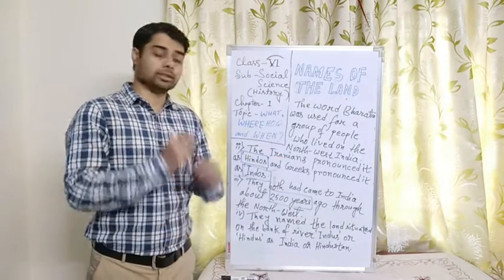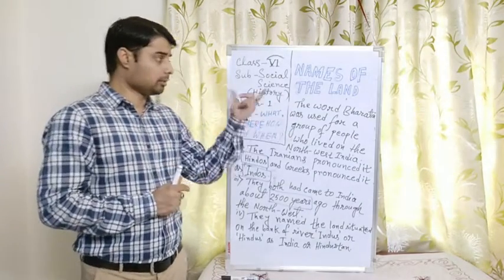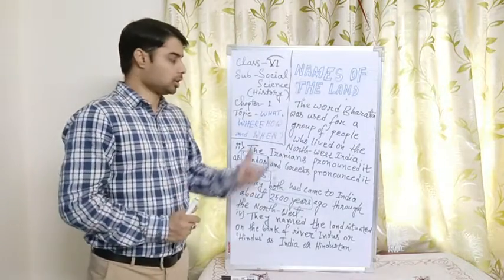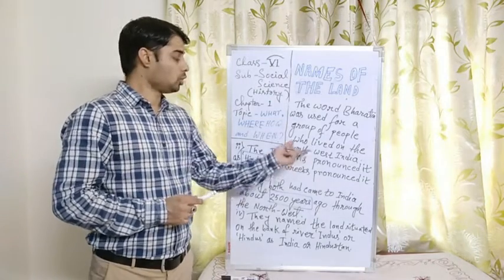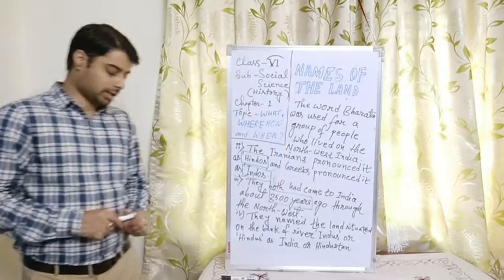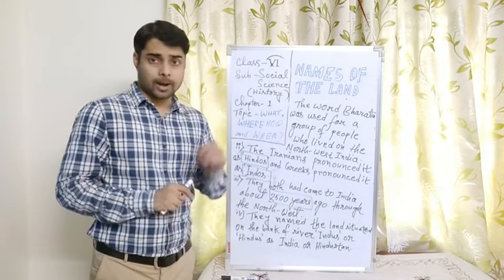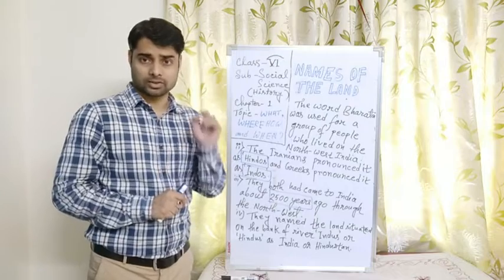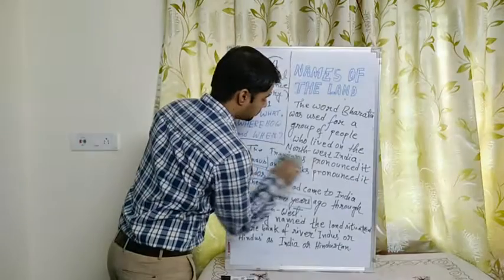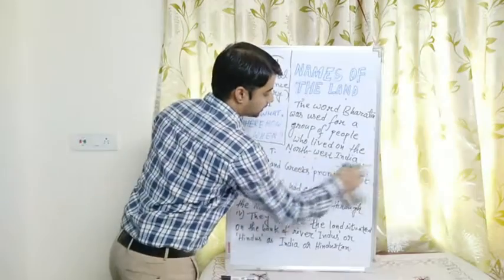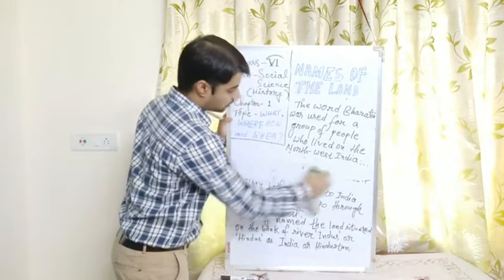There was a community, a group of people there at that time. The name of the clan or group is Bharata, so as per the name of the group, the country was named Bharata. They also lived in the northwest part of India. It is mentioned in the earliest book written in the Sanskrit language, the Rig Veda. The word Bharata is mentioned in the ancient text Rig Veda.